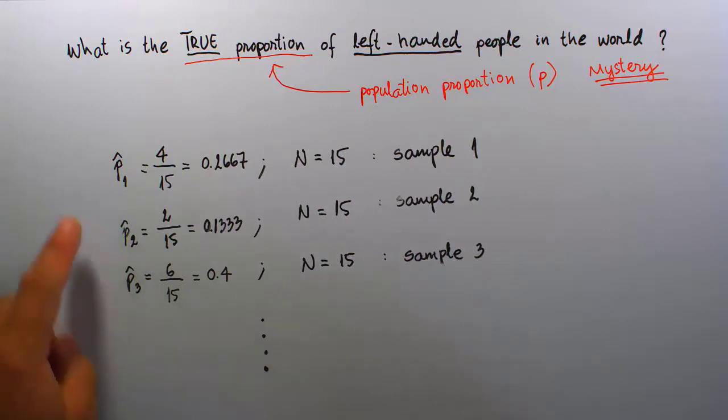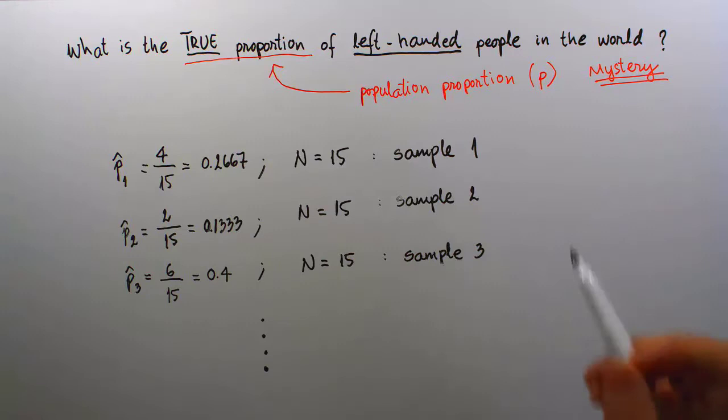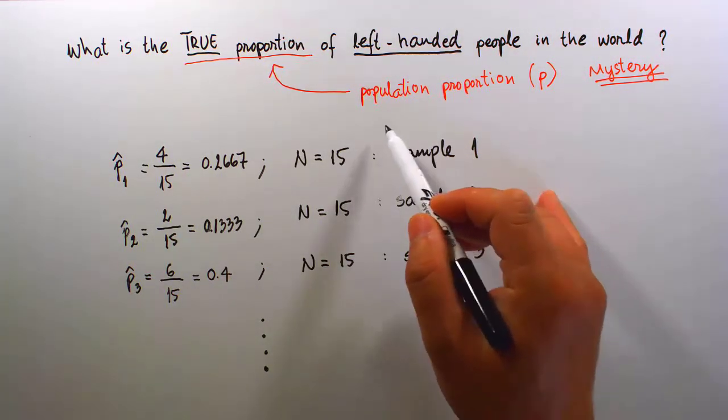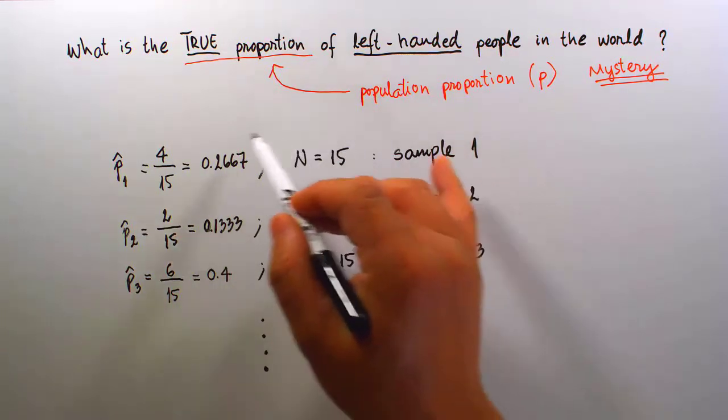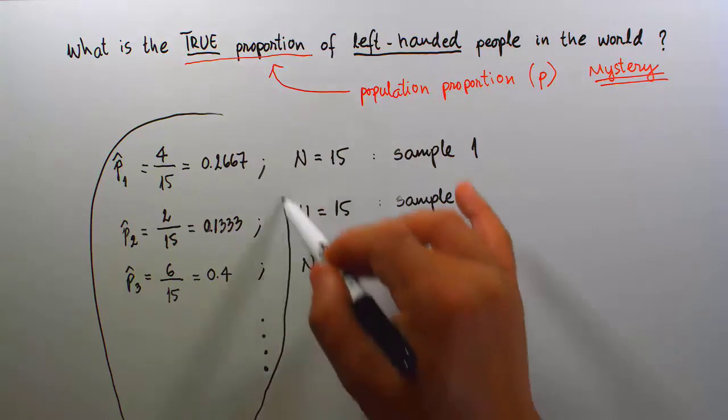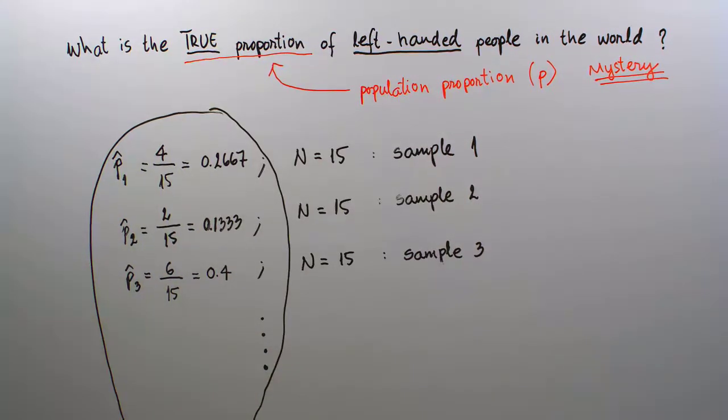Upon realizing there are infinitely many samples, once again, very similar to when we were learning about the sampling distribution of a mean, I'm now going to circle all of these sample proportions that we're looking at here.